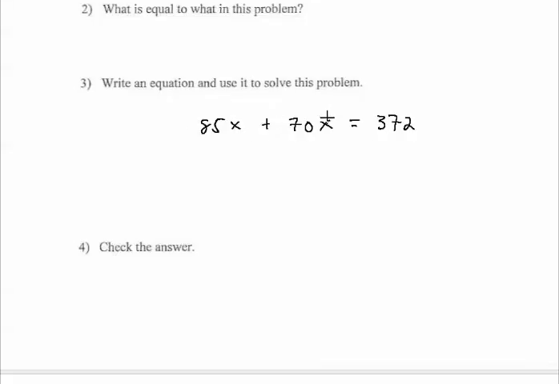This is an x term, that's an x term, so they add together to give me 155x. That equals 372. And to solve for x, just takes one more step. We divide both sides by 155.